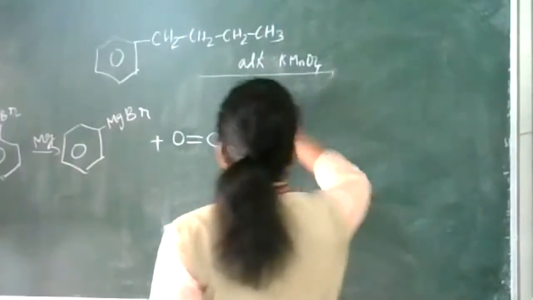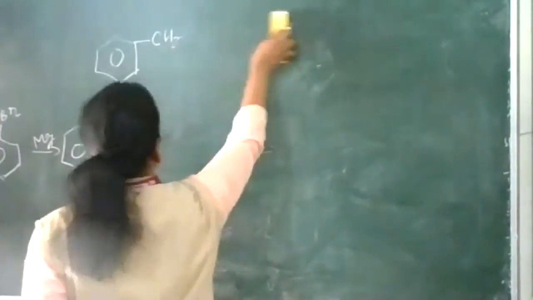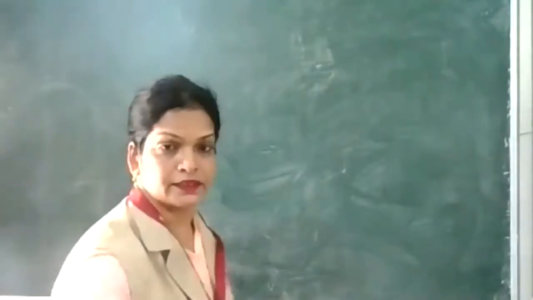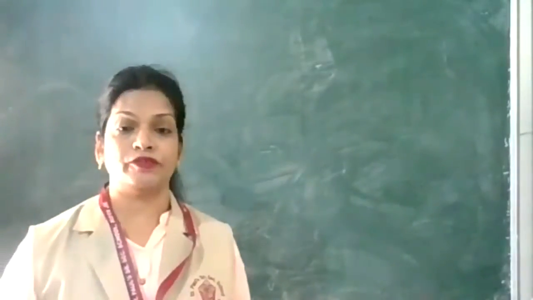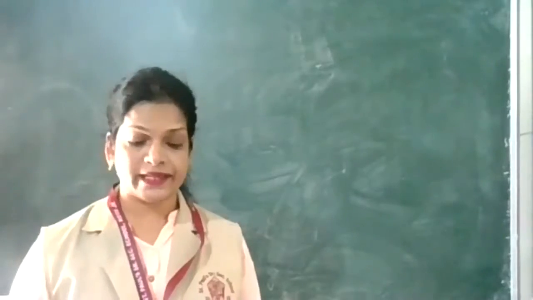Otherwise, we know that the C-Br bond is not labile due to the double bond character. So those are the preparations of carboxylic acid.